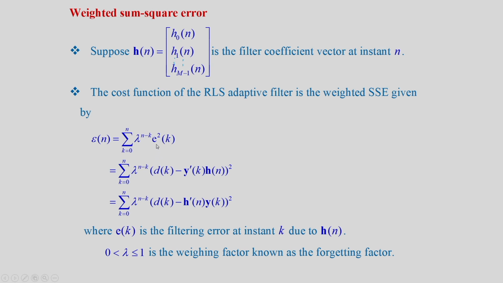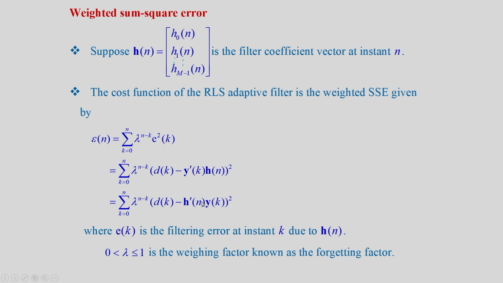And this ek we can write as dk minus yk vector transpose into hn vector, which can also be written as dk minus hn vector transpose into yk vector. Now, here ek is the filtering error at instant k due to hn.